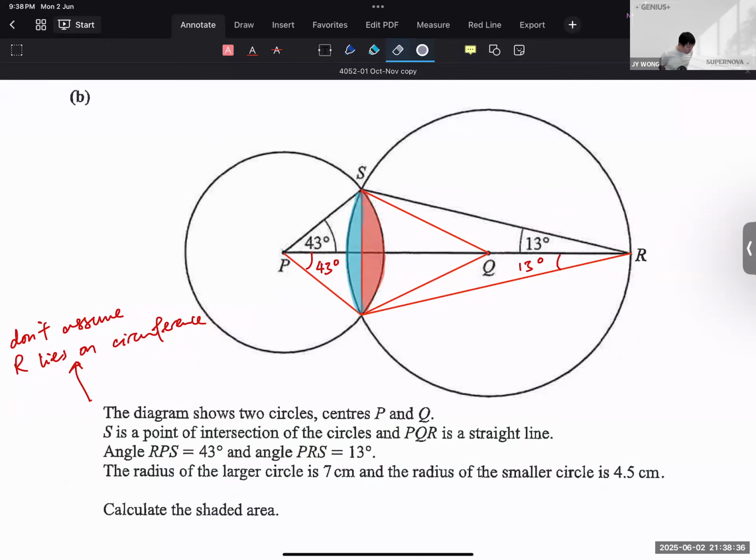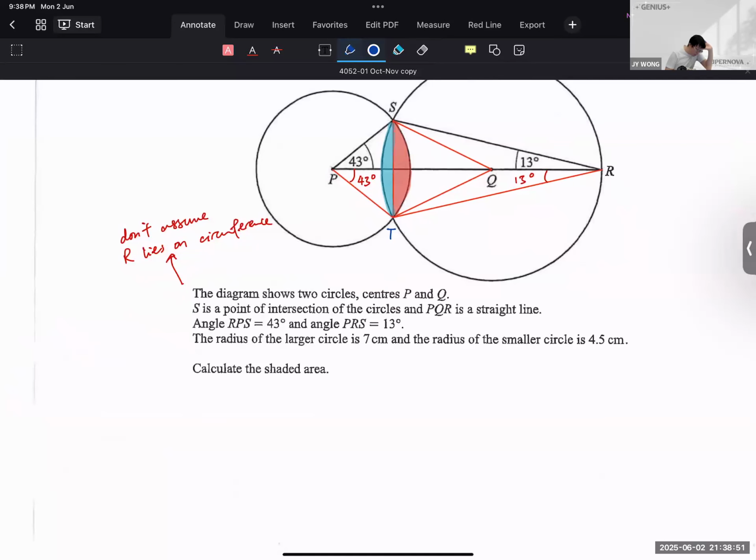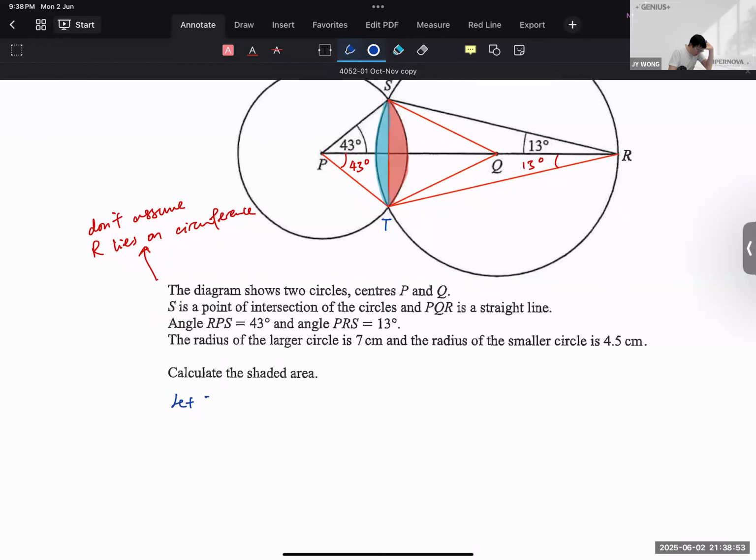Okay? So I can use the quadrant. So maybe I let this be point T, for example. So let T be the other point of intersection.